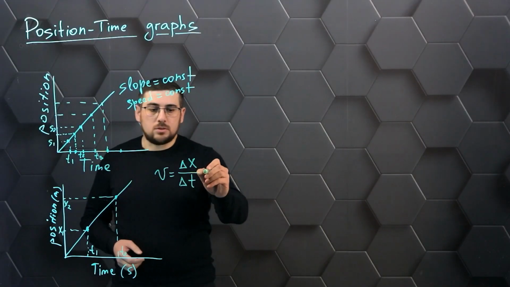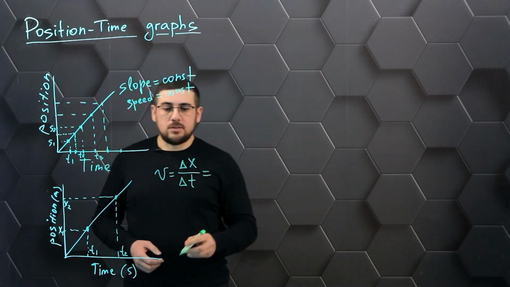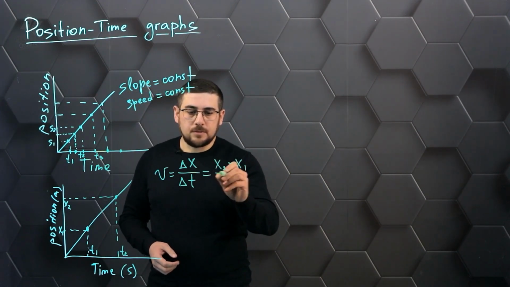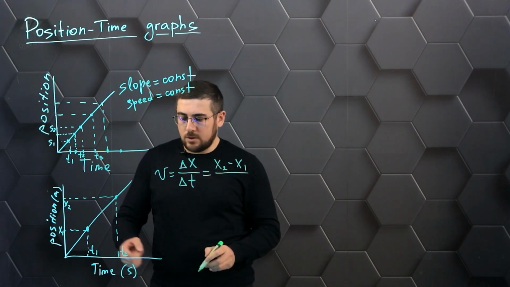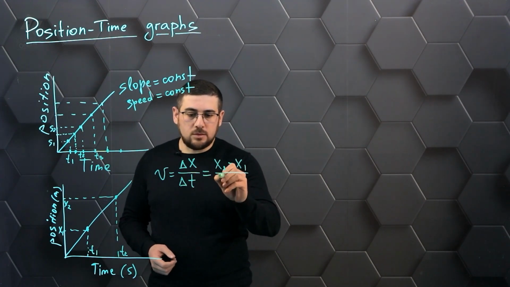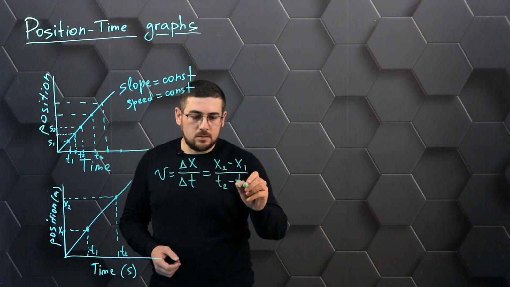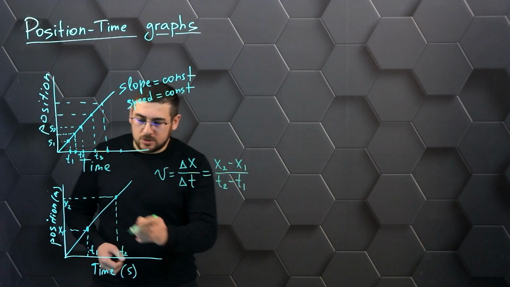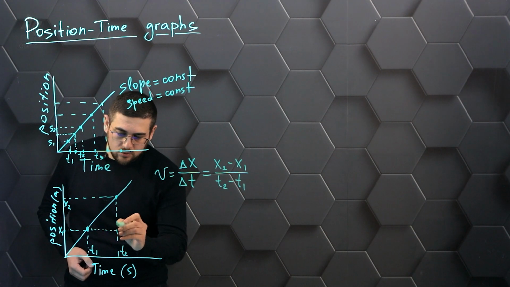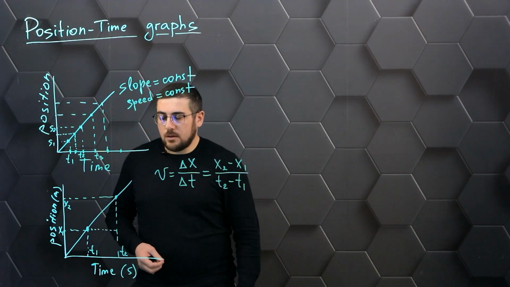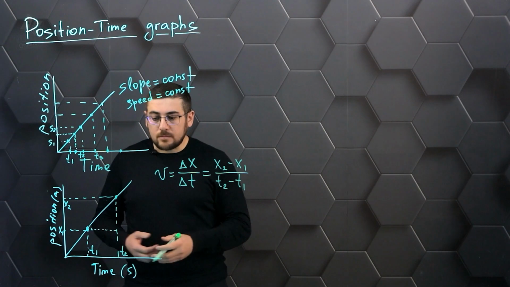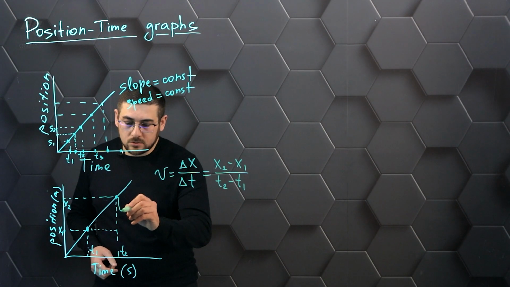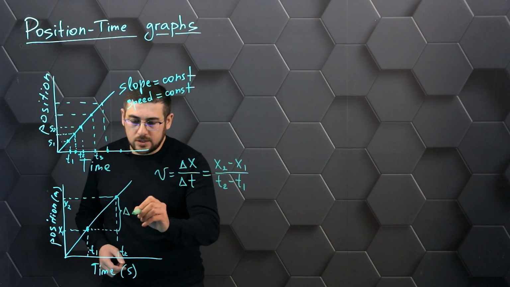Then it will turn out that the change in the coordinate of this body is the difference x2 minus x1, and the time interval that makes up this displacement is t2 minus t1. To show this on a graph, we can simply now extend this figure to a right triangle, and we can see that the change in the position of the body is this vertical cathetus dx and then the horizontal cathetus.